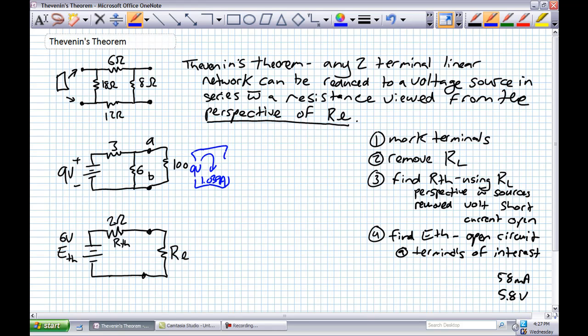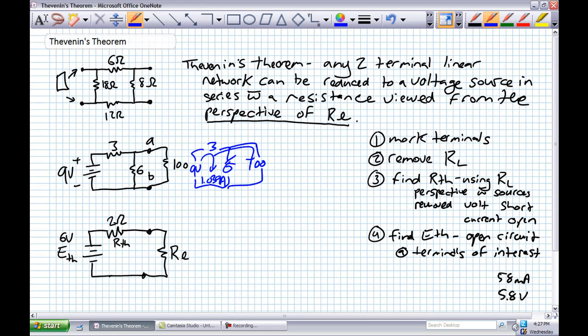Expand that back out to our original 6 and 100.